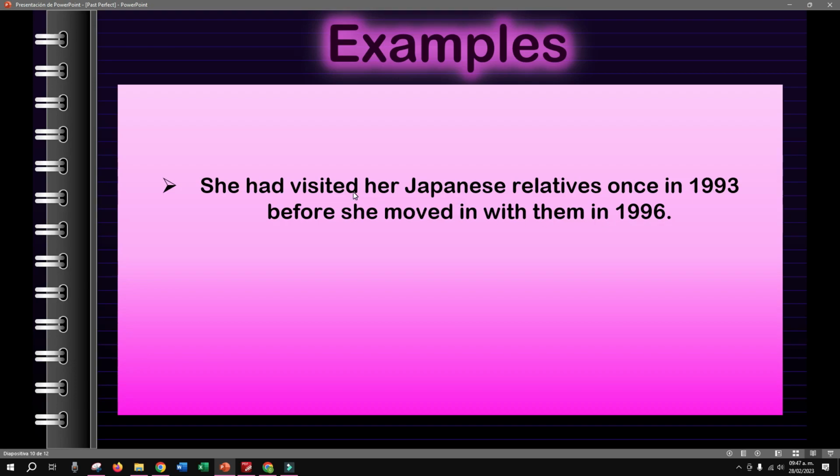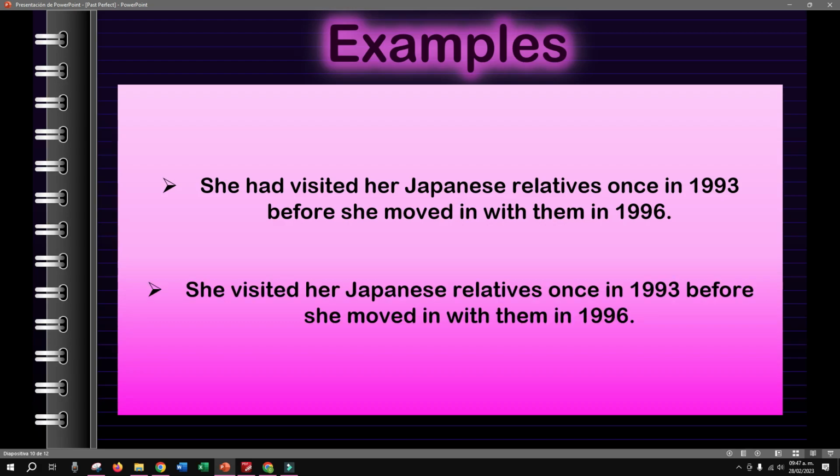That would be a specific time, right? She visited her Japanese relatives once in 1993 before she moved in with them in 1996. That is almost the same, right?